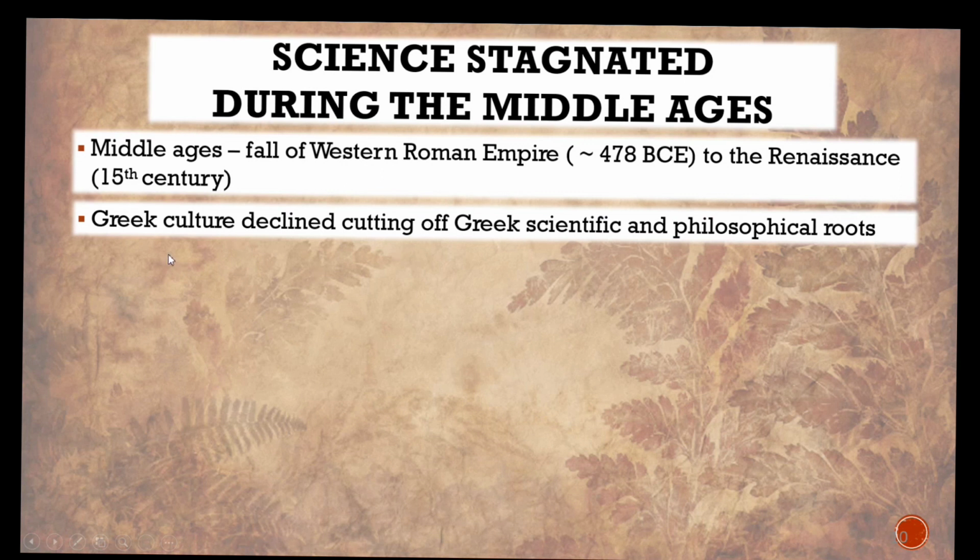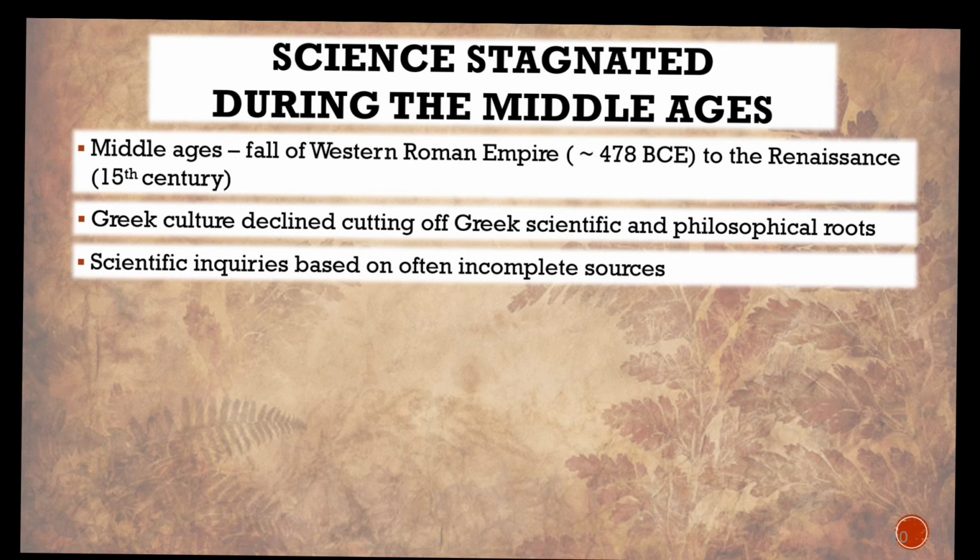The Greek culture declined, cutting off Greek scientific and philosophical roots. Remember that with the Greeks, we have important personalities such as Aristotle and Ptolemy. This was followed by scientific inquiries based on often incomplete sources.